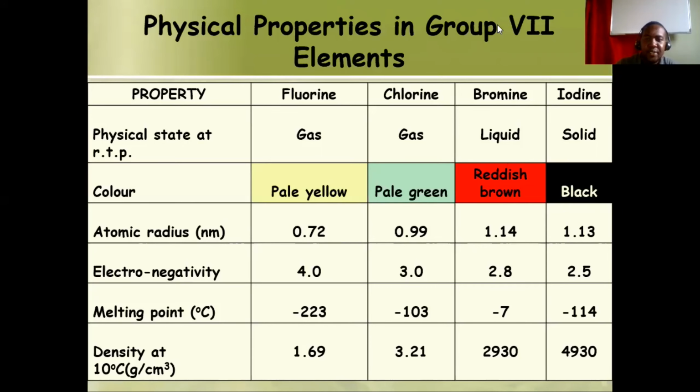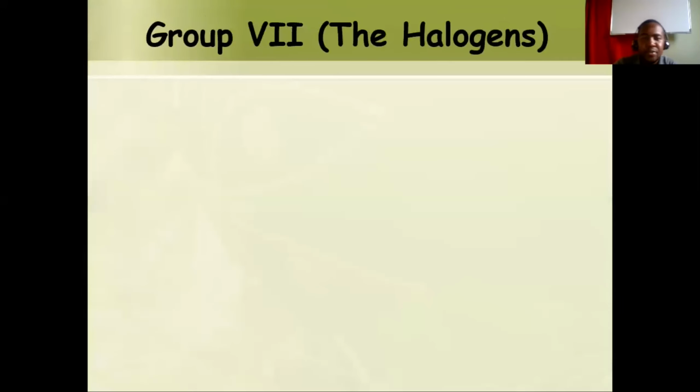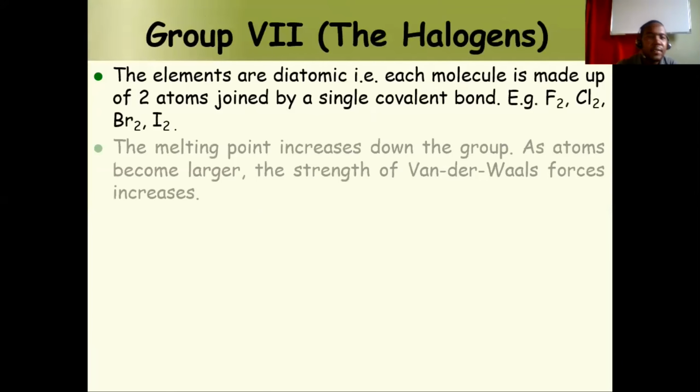Increase. Great. Yes, so an increase in melting point. And the density, we note, is increasing as we go down the group, and we already know it's the same explanation as our group 2 elements. We also know that group 7 elements are known as halogens.